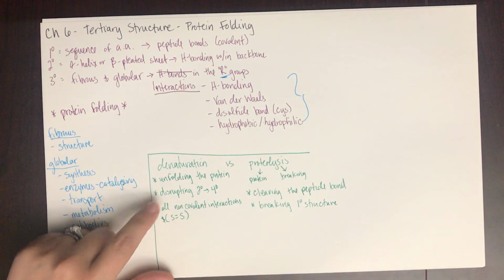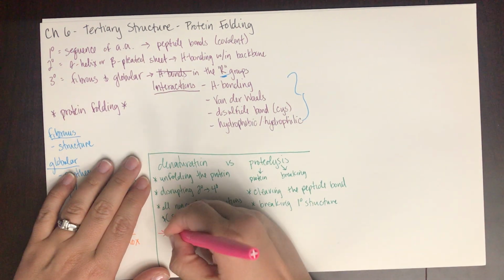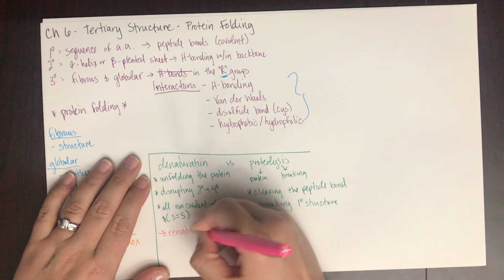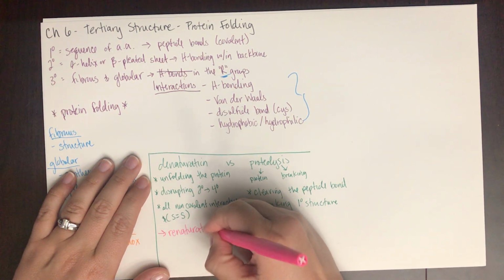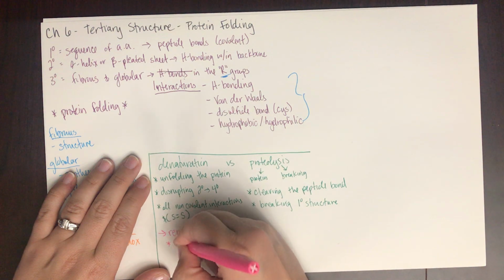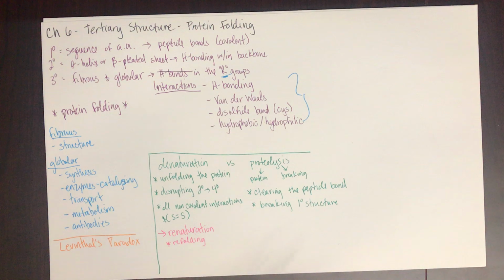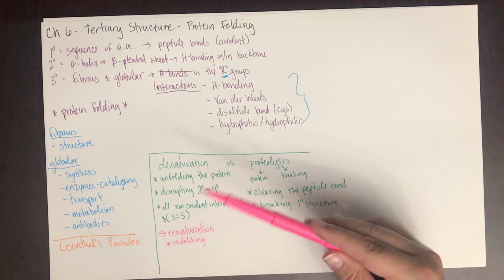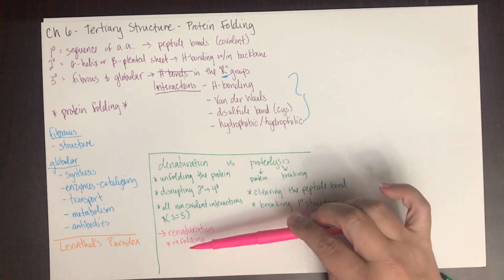Once you denature a protein and you unfold it, you can then do what's called renature. I'll say renaturation, which would be refolding the protein. And there's all kinds of experiments that were done a long time ago for us to understand how a protein can be denatured and then renatured, refolding.